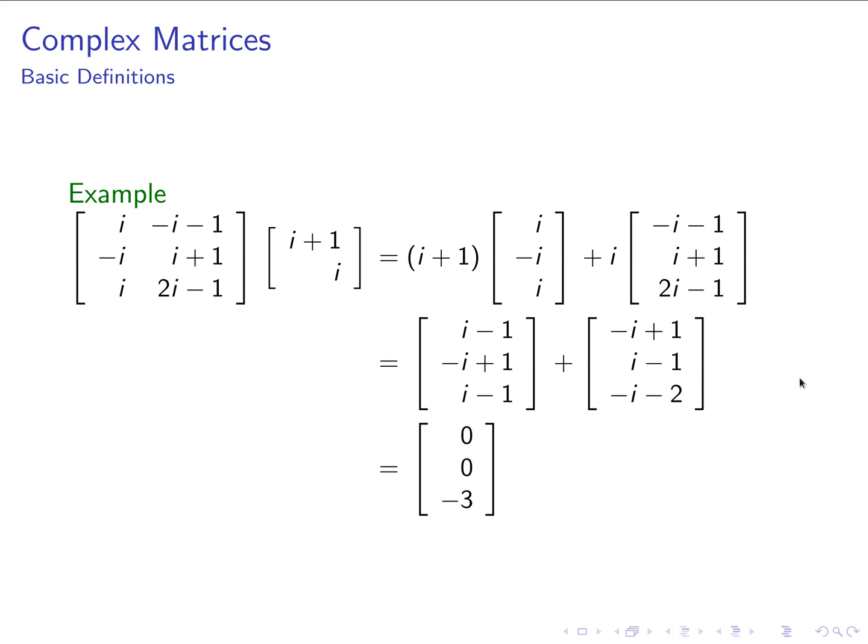Now we add our vectors together and we end up with the new vector 0, 0, negative 3. So we took our 3 by 2 complex matrix, multiplied by a vector in C^2, and the result was a new vector in C^3.